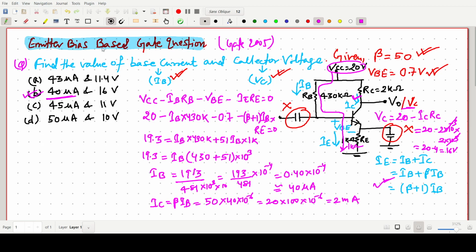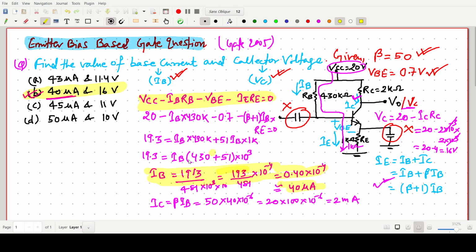So this should be the answer. First we find IB by writing Kirchhoff's voltage law, VCC minus IB RB. There is no need to remember the formula; you just go through it like that.